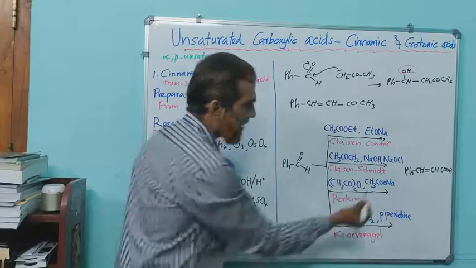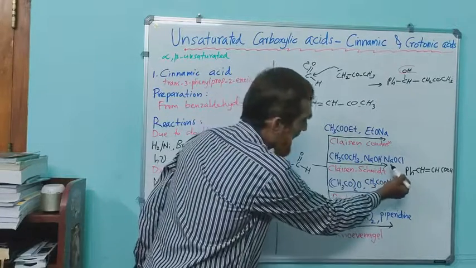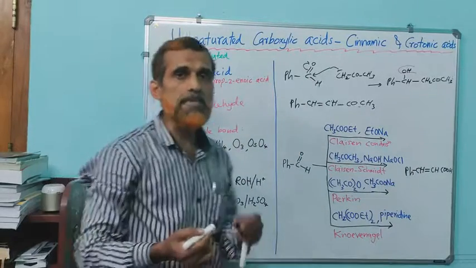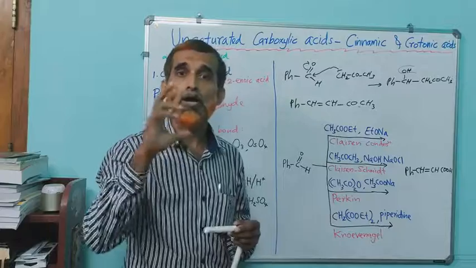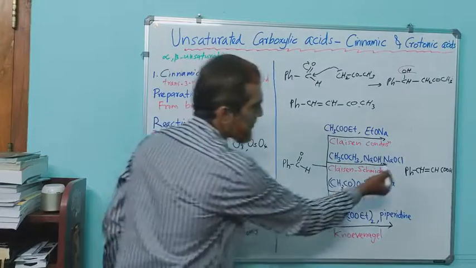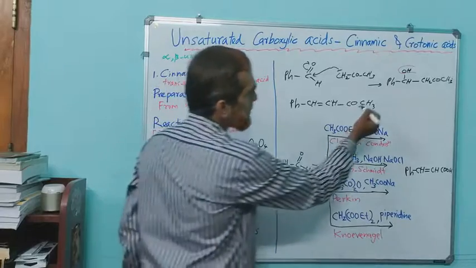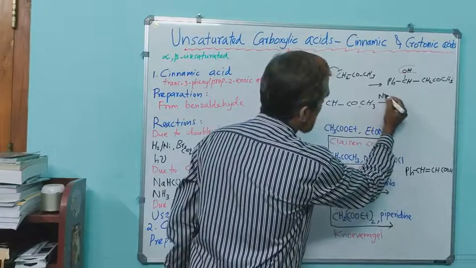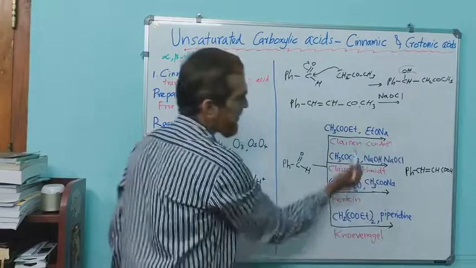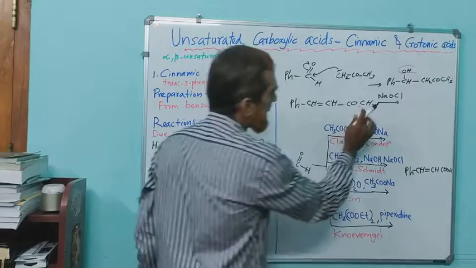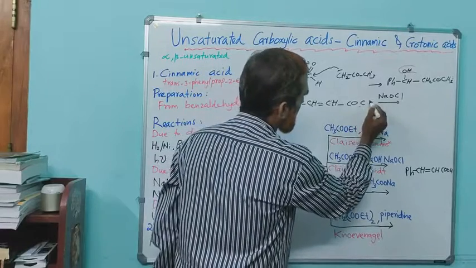That's why you have a reagent in addition here, NaOCl, sodium hypochlorite. This is a kind of reaction similar to the iodoform reaction, or in general the haloform reaction. So this is a mild oxidizing agent here. When this is treated with NaOCl, first of all this methyl group gets chlorinated, it becomes CCl3.